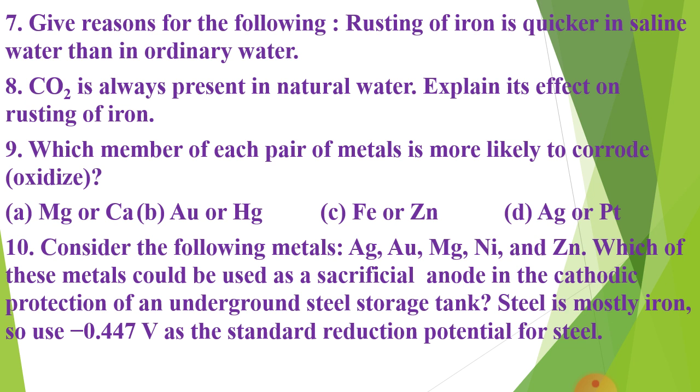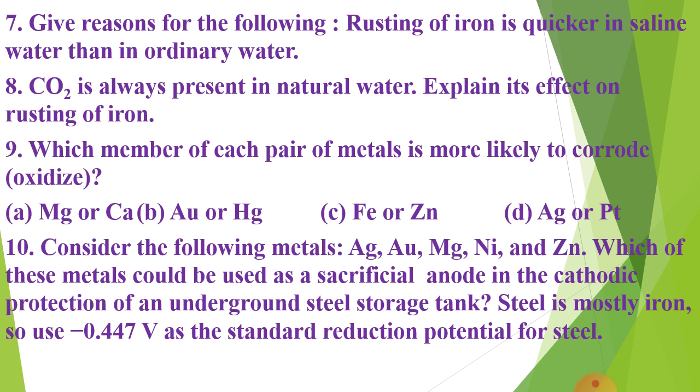Question 9. Which member of each pair of metals is more likely to corrode, that is oxidize? Here first Mg or Ca. So learn about the E value of Mg and Ca; the one with the more negative E value will corrode first. Similarly, second, gold and Hg are given.